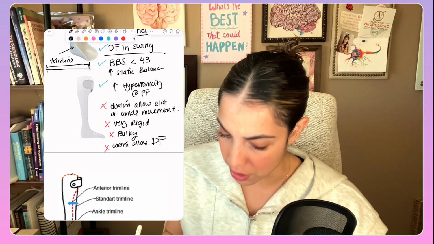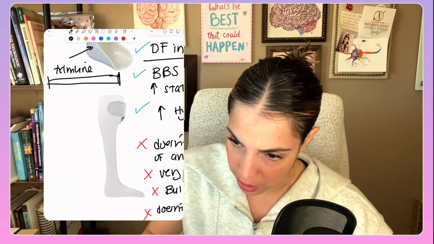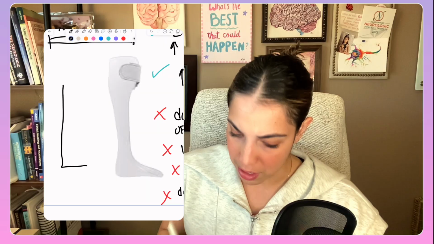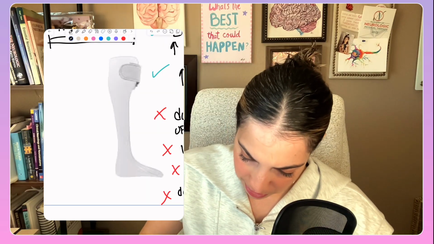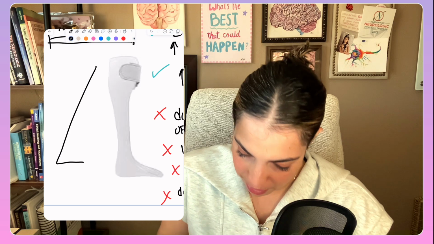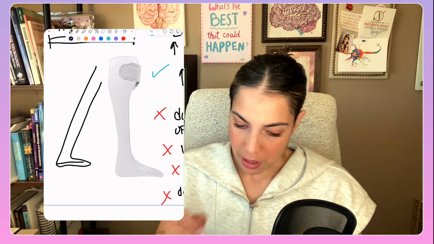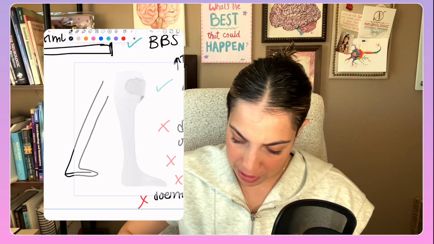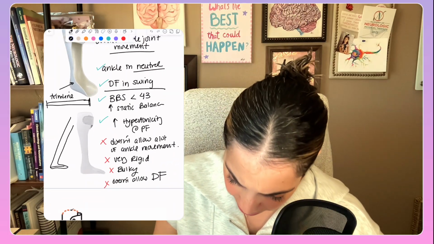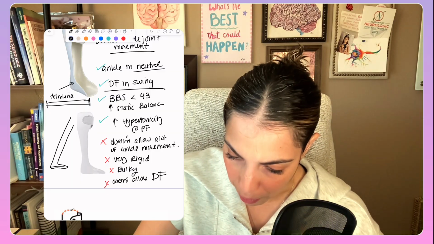And the other one, here: doesn't allow dorsiflexion. Because remember, let's say this is the leg. Dorsiflexion means like that. It's not going to happen, because this thing is going to be so thick that it's just going to hold the ankle back.